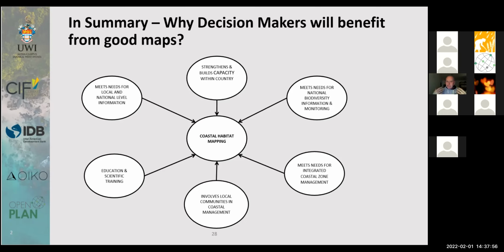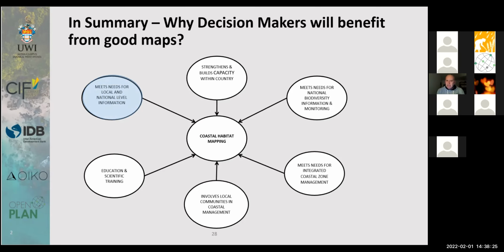So linking this all together and being the tee-up person for Simone to talk about INVEST: what is a decision maker going to need, and why are maps so critical, and why can INVEST help to support decision makers for ICZM or coastal adaptation planning? Well, this can be measured in six areas.